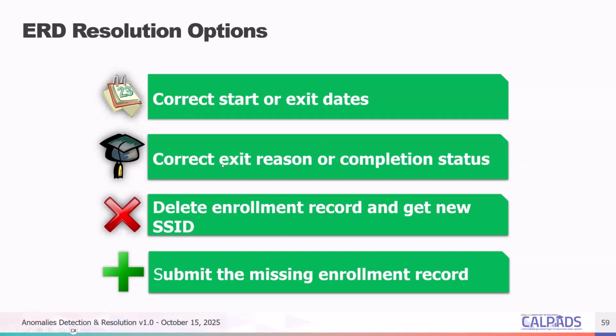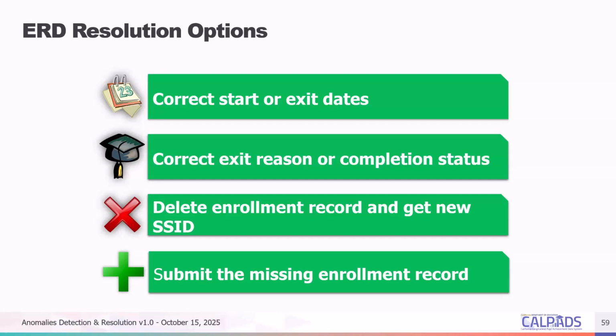So you could even correct exit reasons or completion statuses. You could delete an enrollment record and get a new SSID if, let's say, you've accidentally combined an SSID and it turned out the SSID you inherited had a 12th grade enrollment record last year with an E230-100. And that's basically not the student that you should have picked up.